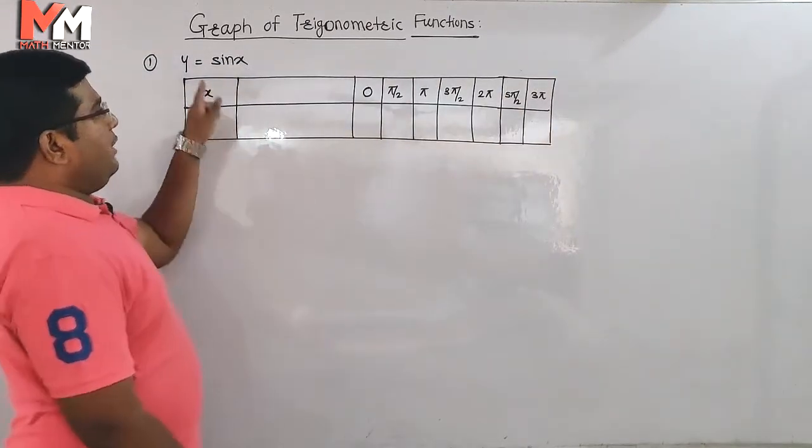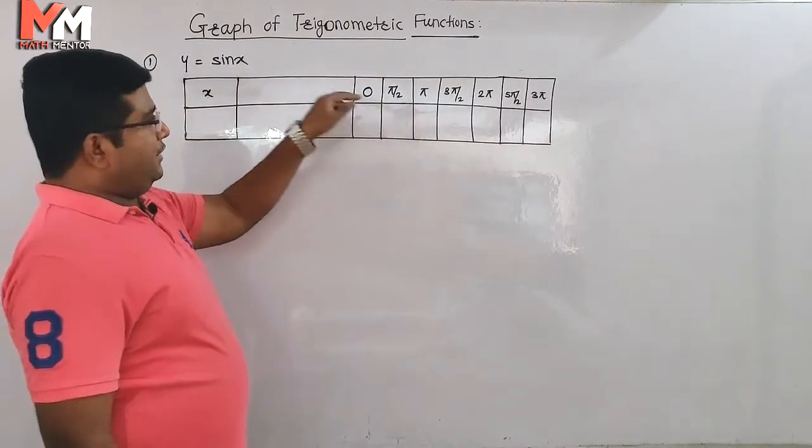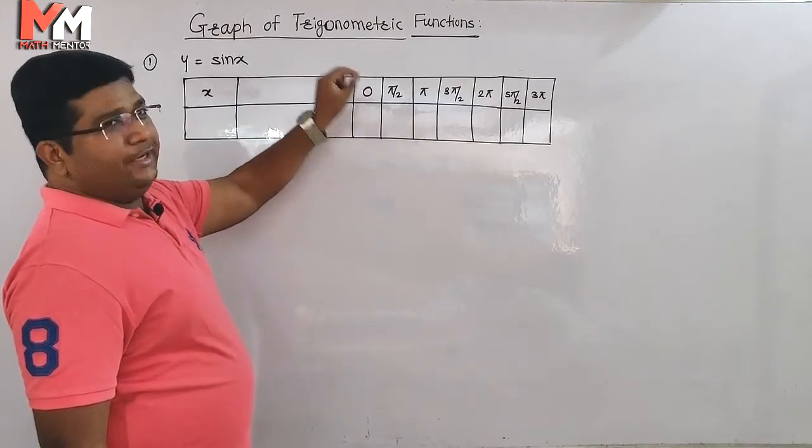So all the values of x in the first row are the angles measured in radian.